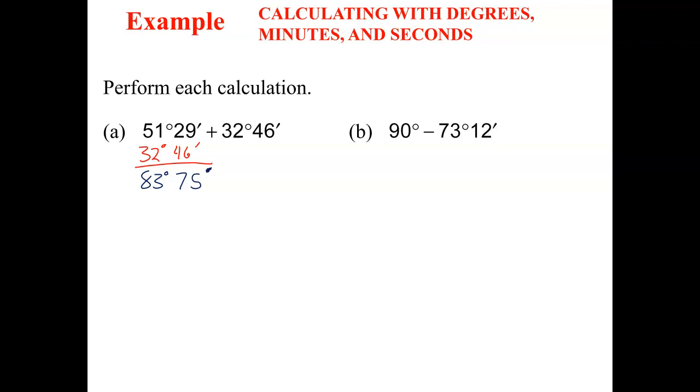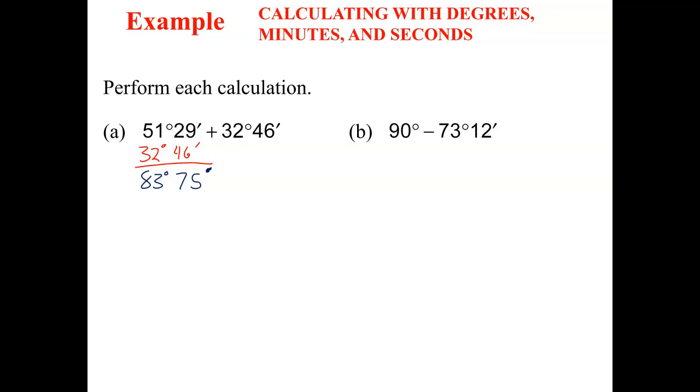But if I said it's 11 o'clock and 75 minutes, what time is it actually? It's 75 minutes past 11 o'clock. Yeah, so it moves me into a new hour, right? So same thing here. Since I only have 60 minutes in a degree, I can't go above 60 in the minutes portion.